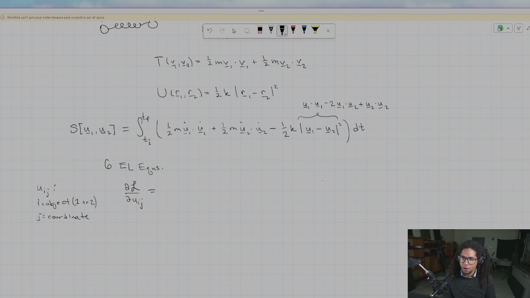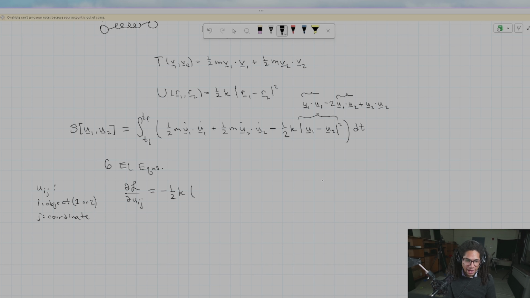Okay, now if, for instance, i is 1, then I will see a term in here and a term in here. I'll leave you to work out the details. We're going to get the minus 1/2 k pulled out.